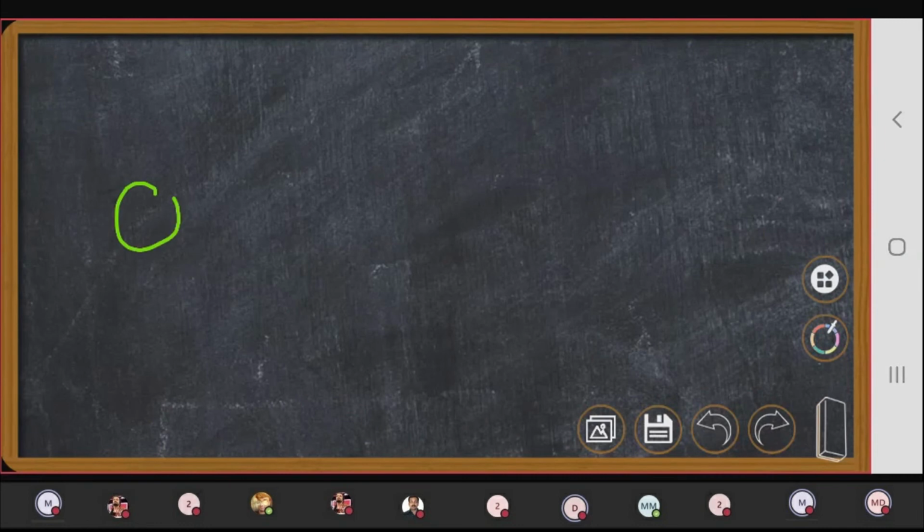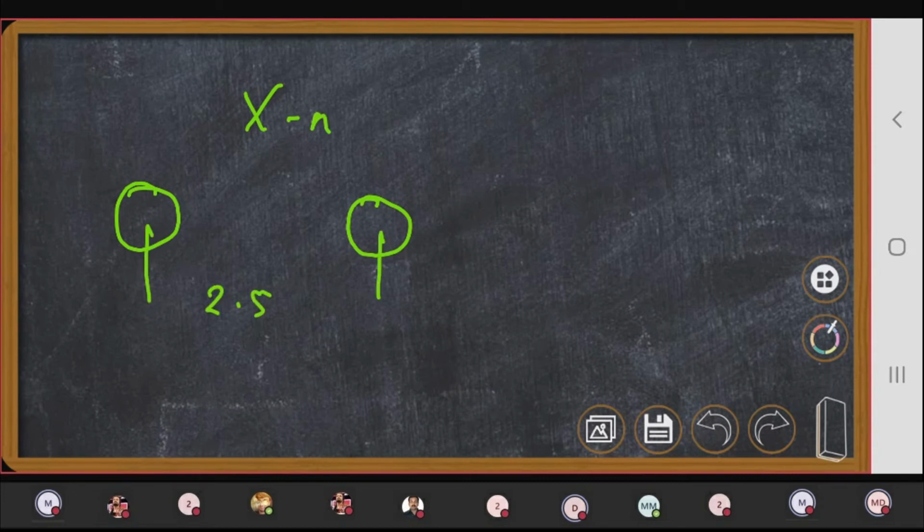So this is your transmission line. From center to center, spacing is 2.5 meters. This is conductor A, this is conductor B, here it is positive current, here you have negative current. 2.5 is the spacing from center to center.